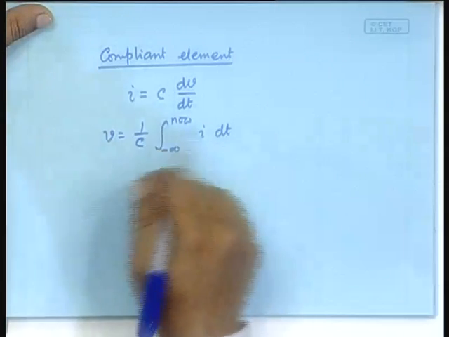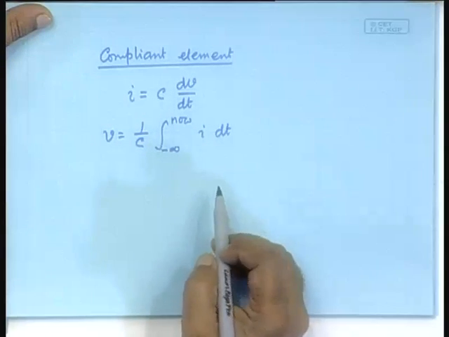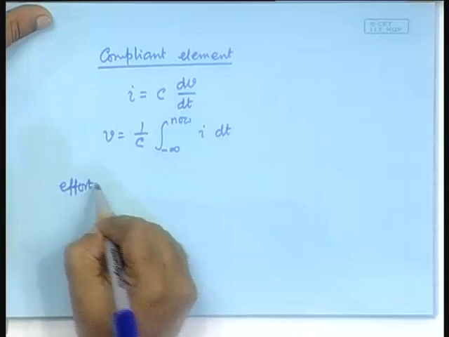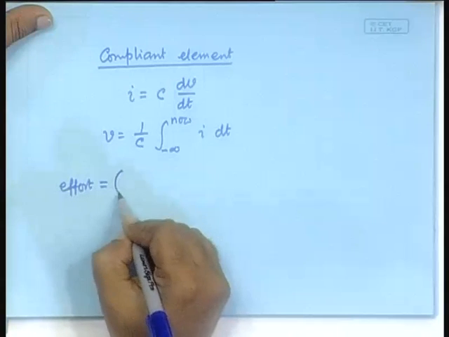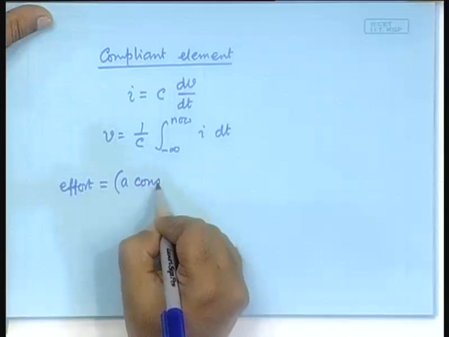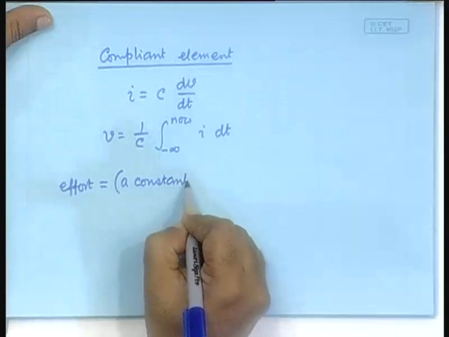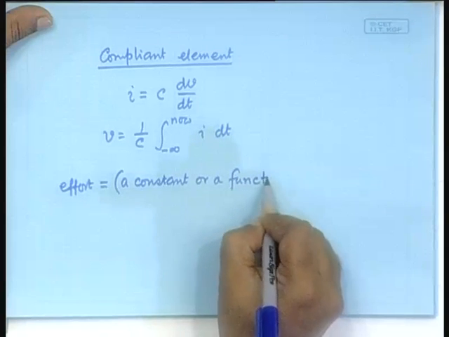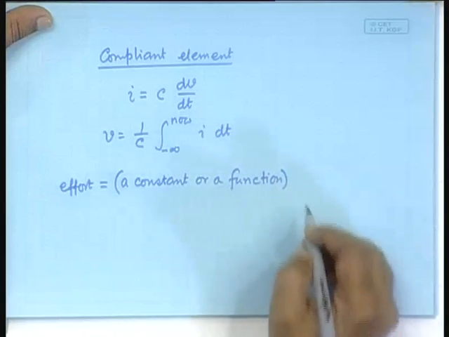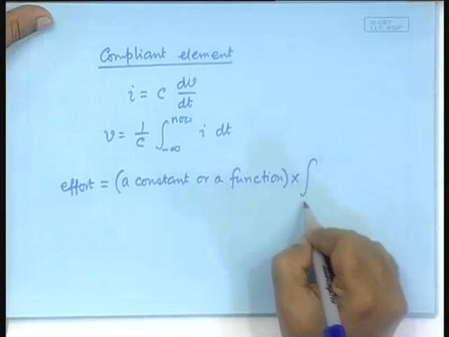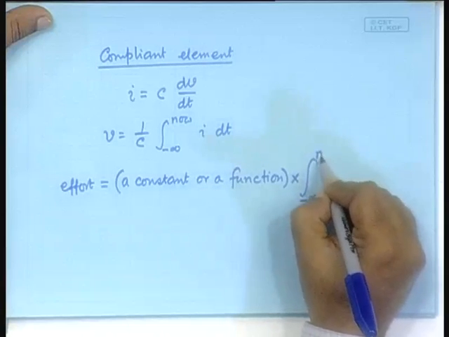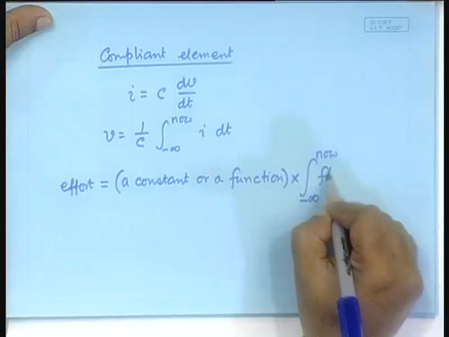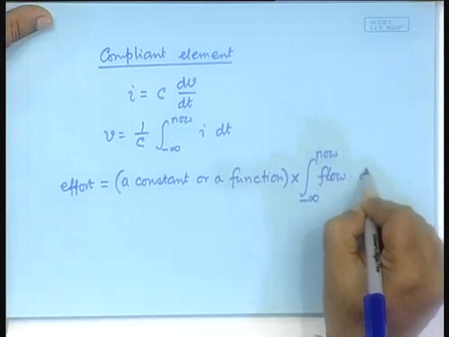And if we write it in general terms, then the effort is equal to a constant or a function times the integral from minus infinity to now of flow dt.